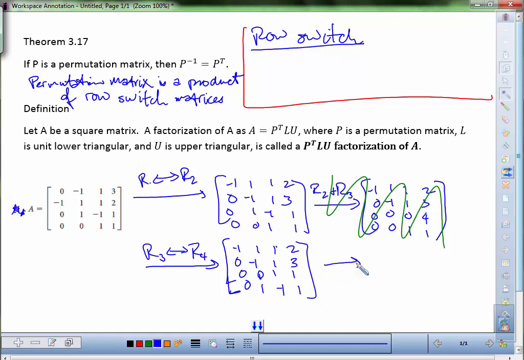Now I'll do that row operation where I'll try to wipe out the leading term in row 4. So I'll take row 2 and then add it to row 4. So that is going to leave everything except row 4 the same.